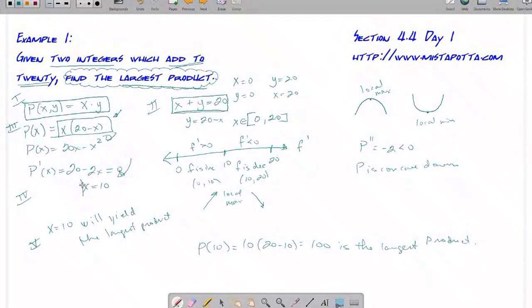Once I found my critical point, I needed to determine if I was dealing with an extrema, a max or a min. And we found out by doing the first derivative test or the second derivative test that my critical point indeed gives me the largest product. And then once I know it's the largest product, I actually have to answer the question. My question here is, what is that largest product? It's not enough for me just to find x. I actually have to answer the question. So there's a difference between the solution and the answer.